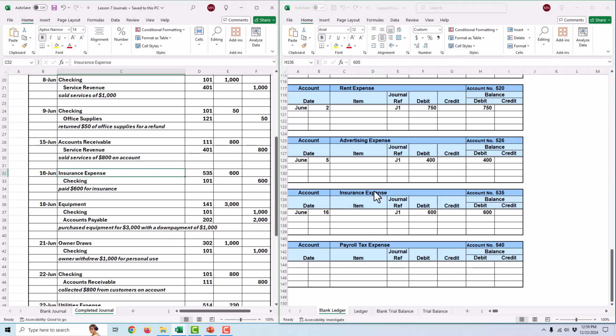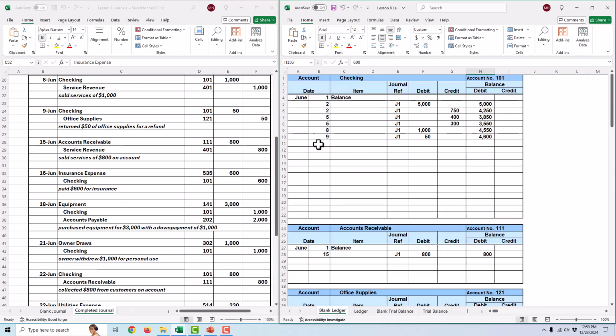And then I would put the $600 in checking also. It was a credit to checking. There was already a debit balance of $4,600, and then I would simply subtract the credit because debits and credits subtract from each other, and that would give me a $4,000 difference, and it would go in the debit column since the $4,600 debit was bigger than the $600 credit.